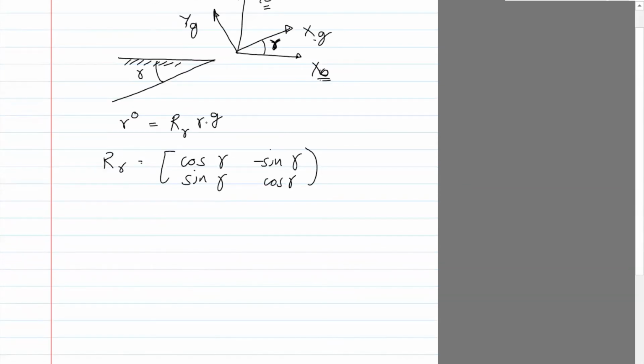However, what we're trying to do here is the opposite: find the positions in ground frame given the positions in base frame.